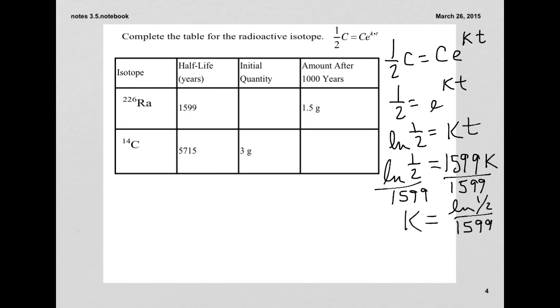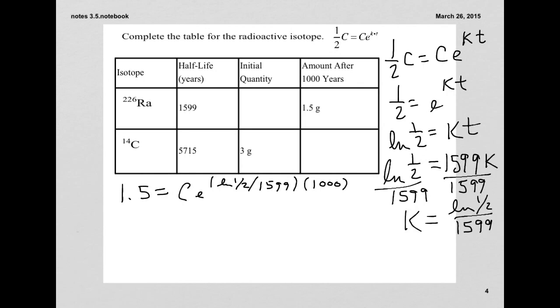because what we wanted was the initial quantity. So we know after 1,000 years we have 1.5 grams. So that's 1.5 equals Ce to the ln of 1/2 over 1599, all of that times 1,000, the number of years.